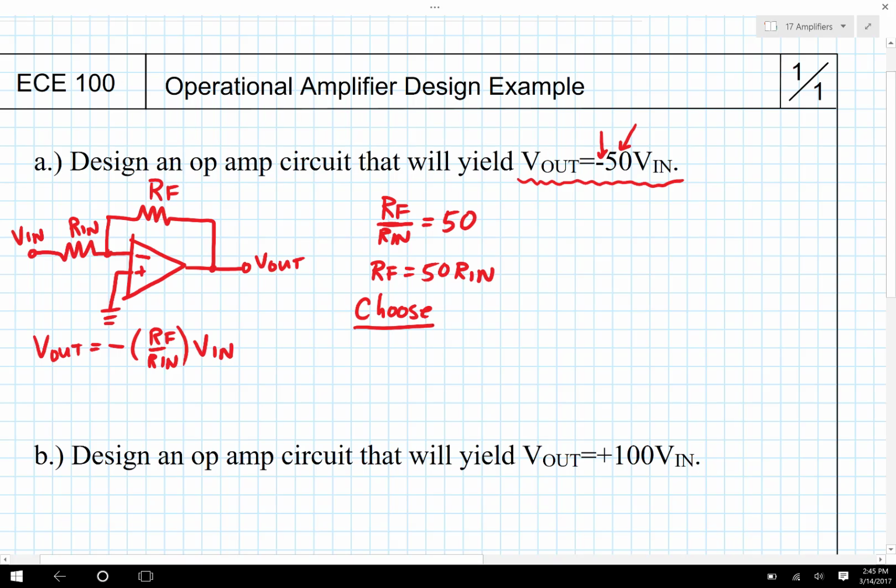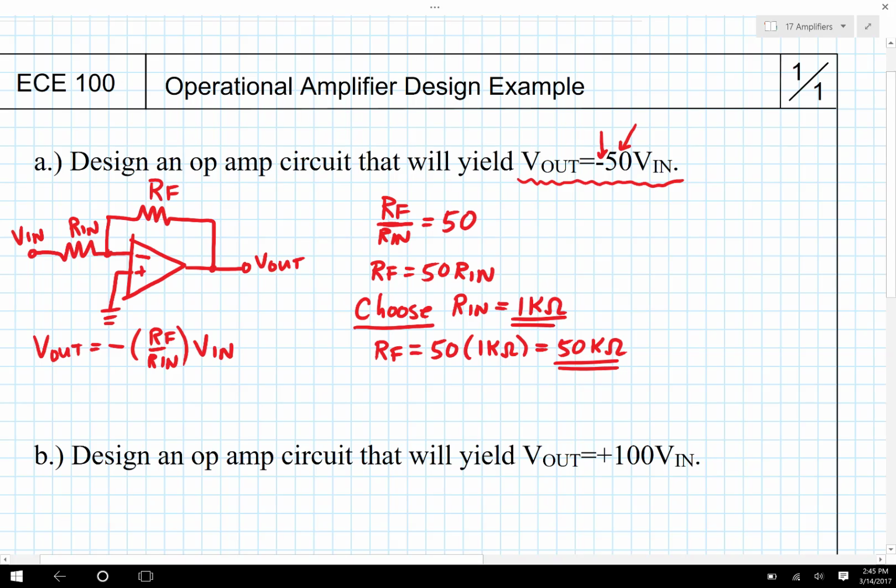Another similar value would have been fine, but I'm going to choose Rn equal to 1 kiloohm. And then once I've chosen that value, I have no choice: Rf must be 50 times 1 kiloohm, or 50 kiloohms. And both of those values are between 100 ohms and 100,000 ohms.